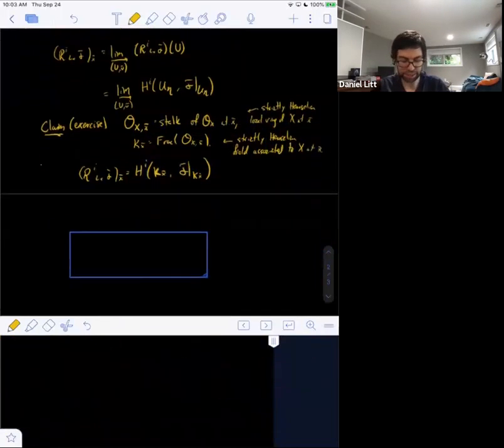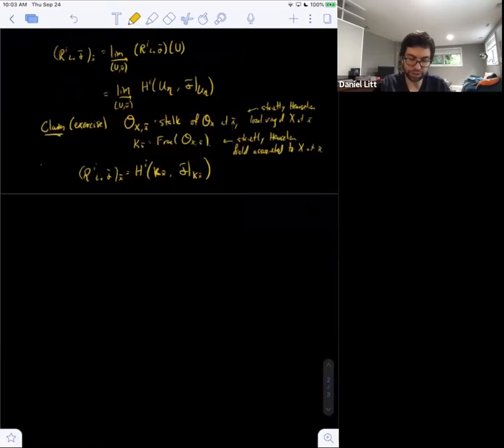Okay, so what is this saying? What you're supposed to think is that these are the Etale analogs of local rings, and this is saying you can compute the stalk of a cohomology sheaf in terms of the cohomology of these strictly Henselian local rings.